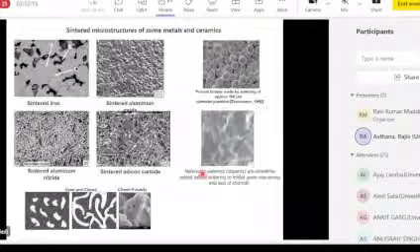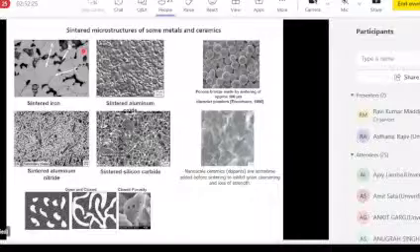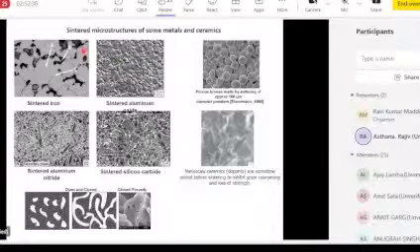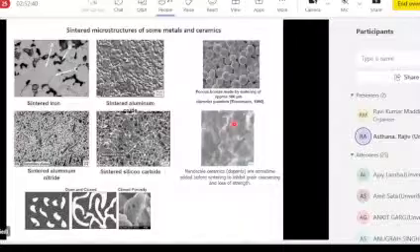These are some typical microstructures of different materials, such as sintered iron and silicon carbide. Sometimes nanoscale ceramics are added in the powders to minimize grain growth or grain coarsening during the sintering process.